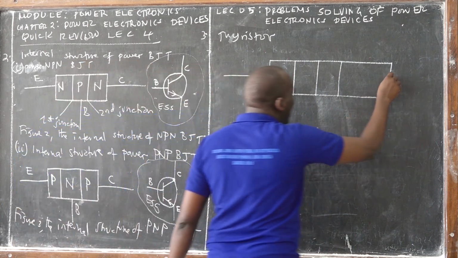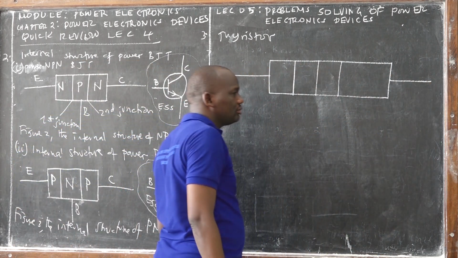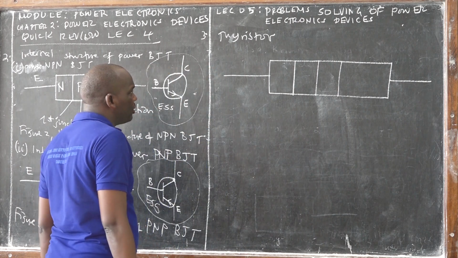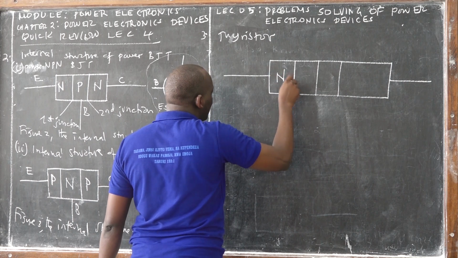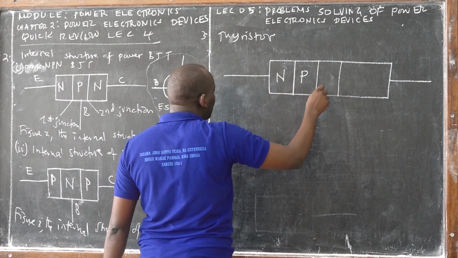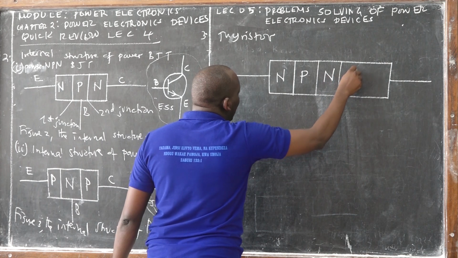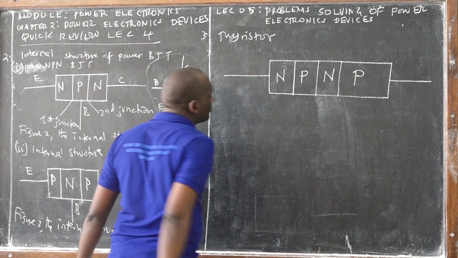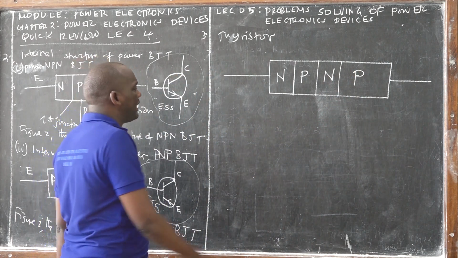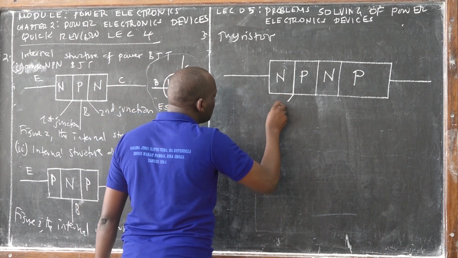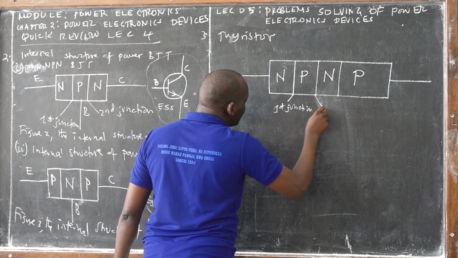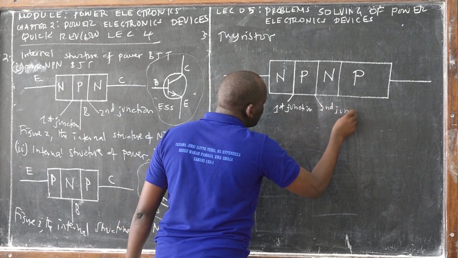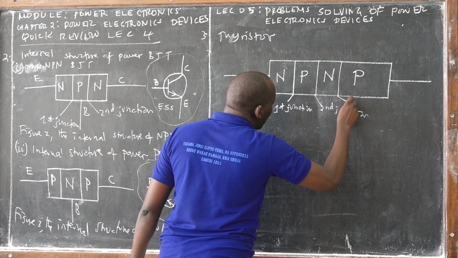Then we have another terminal. Because it's a thyristor, this is N type semiconductor, this is P, this is N, and this is P. So how many junctions? First junction, then second junction, then third junction.